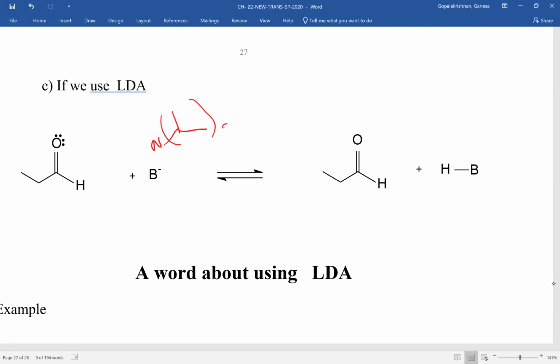I write it this way. That is a negative. It pulls the hydrogen from it. So this one is going to be the nitrogen with two isopropyl groups.